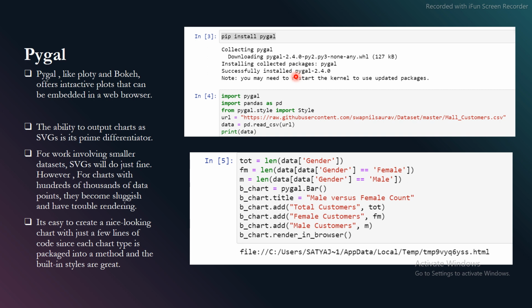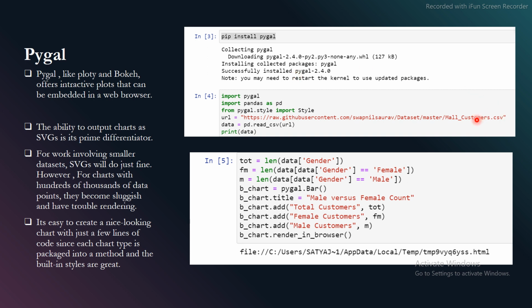It's also interactive, and it's easy to create nice looking charts with just a few lines of code, since each chart is packaged into a method and built-in style in a sophisticated manner. For example, if you have mall customers data, the dataset is here.